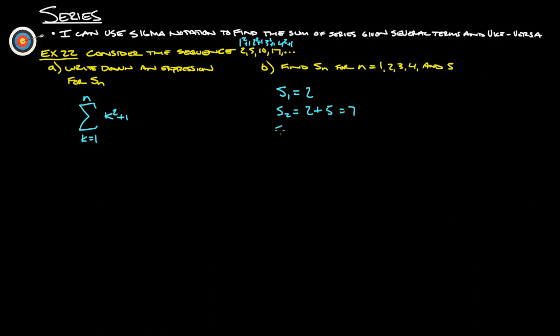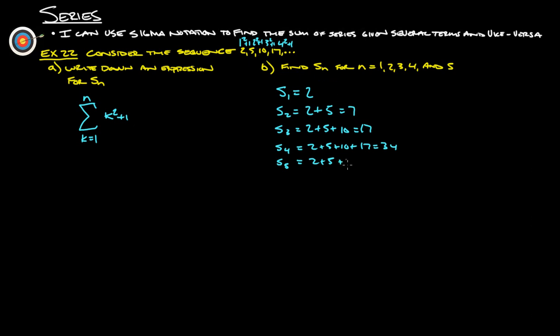S of 3, 2 plus 5 plus 10 is going to be 17. S of 4 is 2 plus 5 plus 10 plus 17, which is 34. And then S of 5.